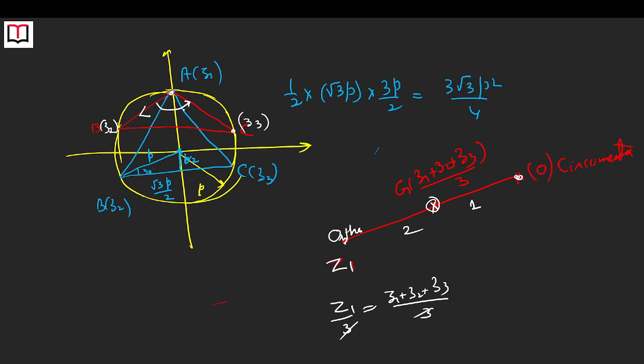So this is the angle of rotation, let's say. This is the angle of rotation, not twice of it, is equal to Z2 by Z3. Z2 by Z3 means argument of Z2 by Z3 means rotation about the origin.